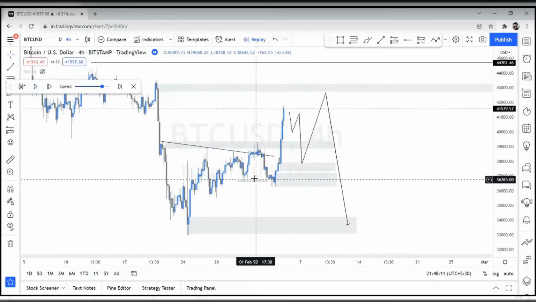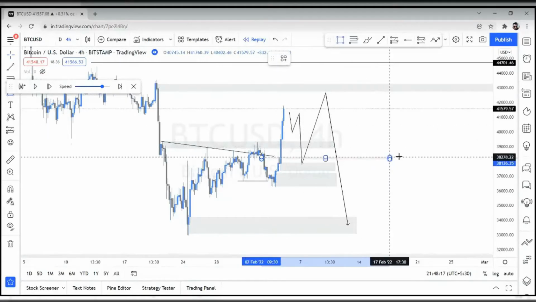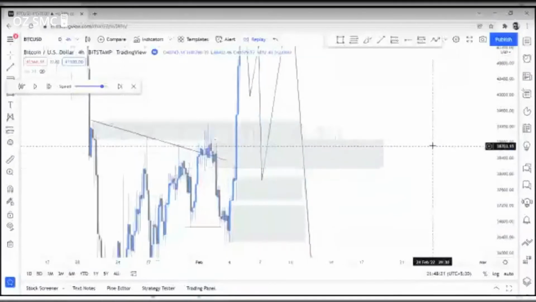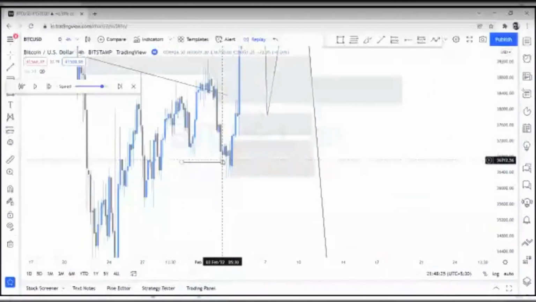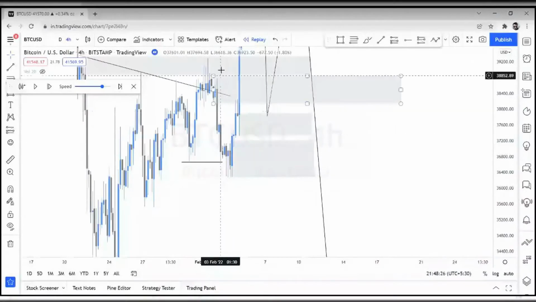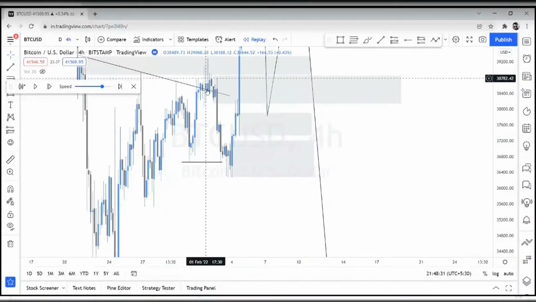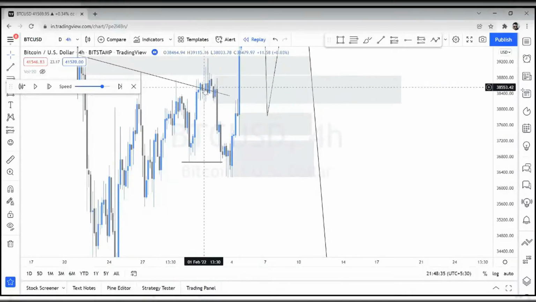We had a breakdown of this, and some of us may be looking for a sale from this supply zone. Why this supply zone? Because where is this break of structure coming from? From this zone. And if we refine our zone, this order block has already been mitigated here with this structure.